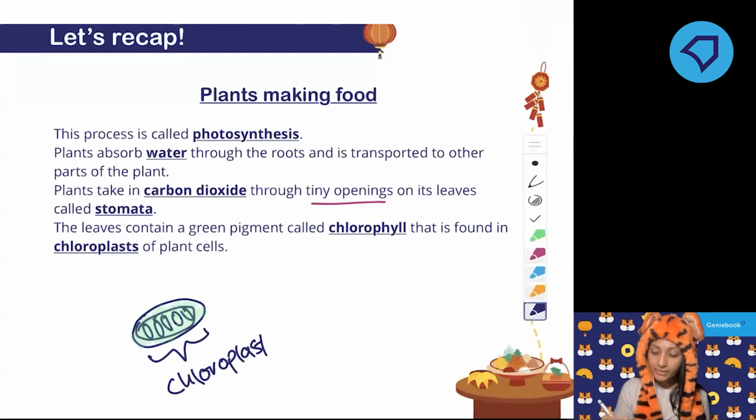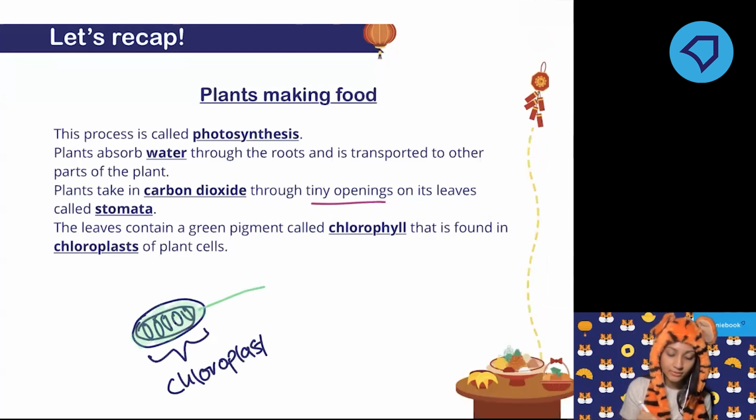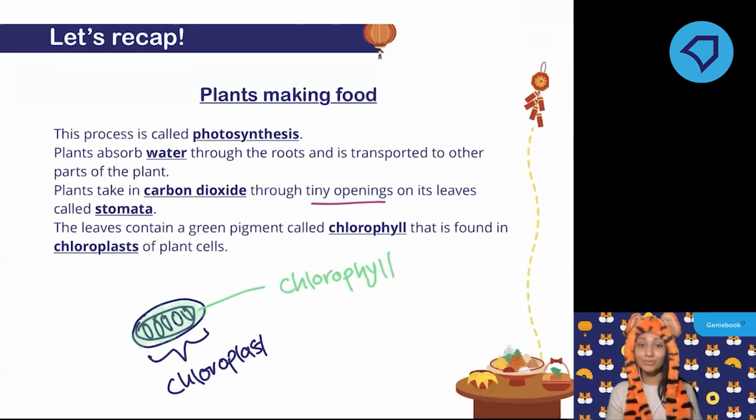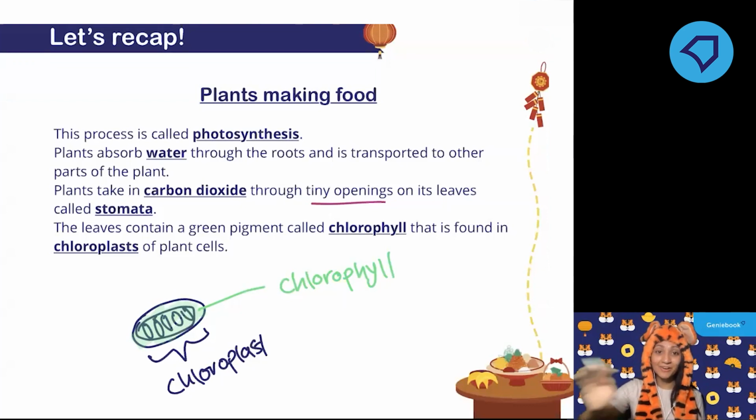But the green color that you see here is the chlorophyll. So don't get confused between the two terms. It is the chlorophyll that absorbs the sunlight or the light, not just the chloroplast.